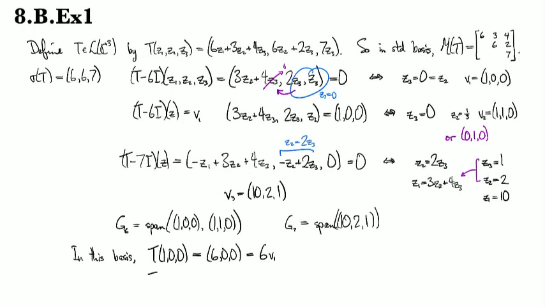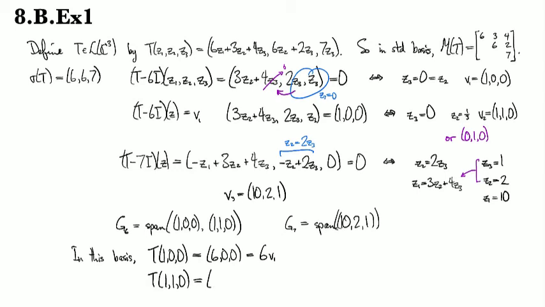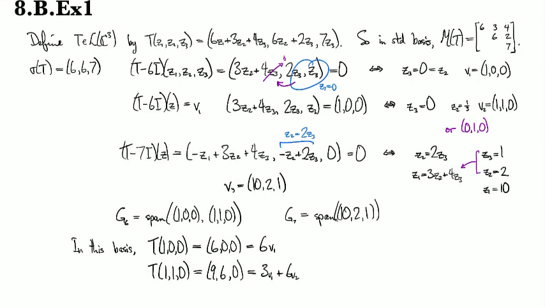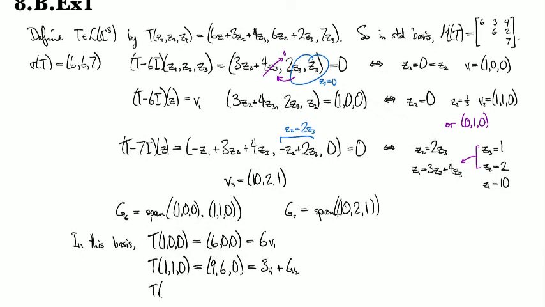And if I do T applied to my next basis vector, then this is 9, 6, 0, which is 3v1 plus 6v2. And if I do T applied to my third basis vector, 10, 2, 1, then this gives me 70, 14, 7, which is 7 times v3.